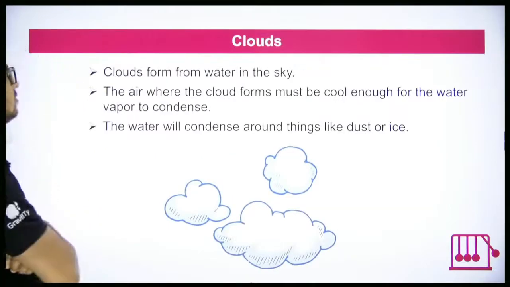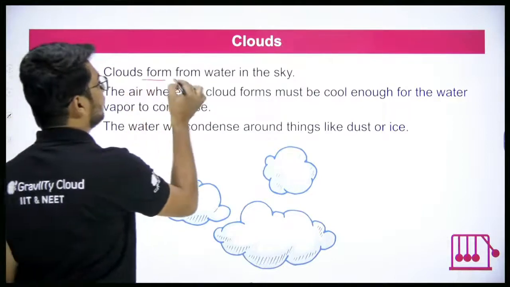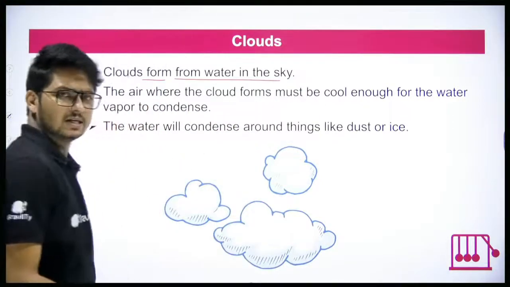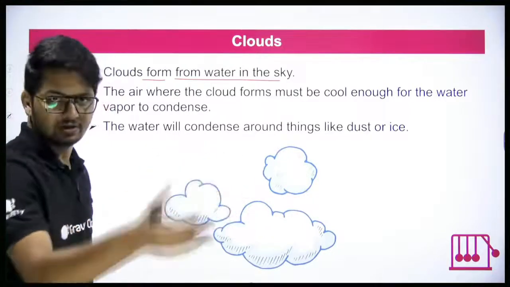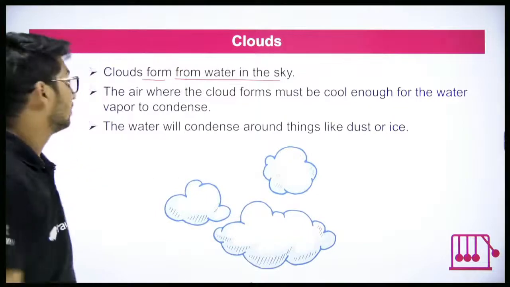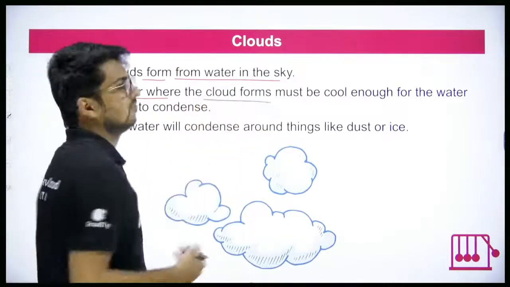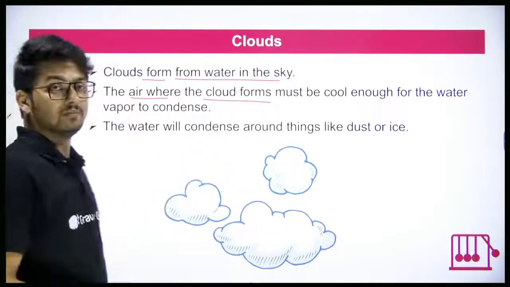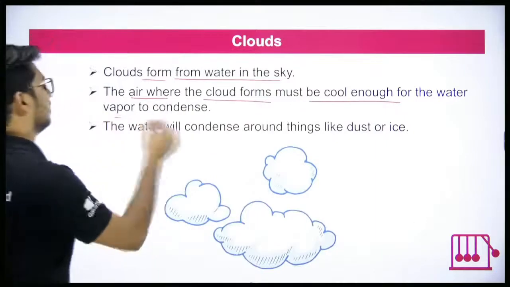Now clouds, what are clouds? As we know, clouds form from water in the sky, we just learned. As the water vapor goes up, it cools down, it converts into water, and that water will be in the form of a cloud. And the air where the cloud forms must be cool enough for the water vapor to condense.